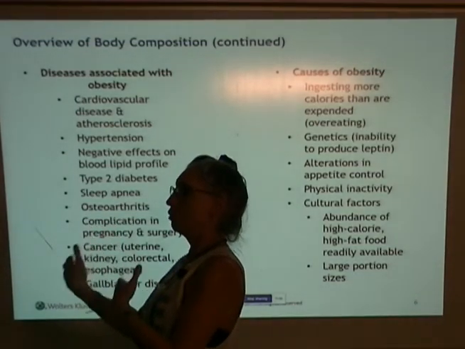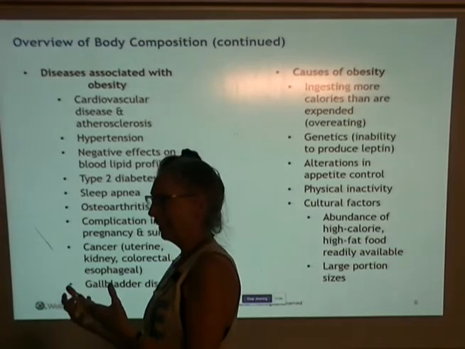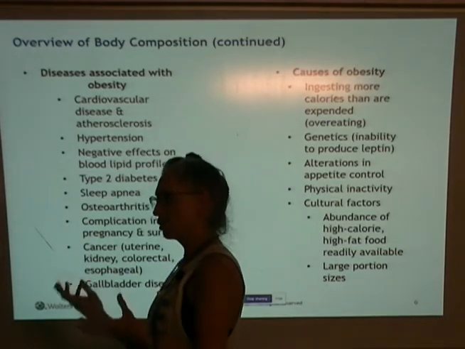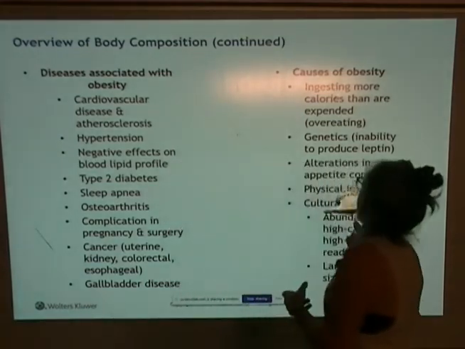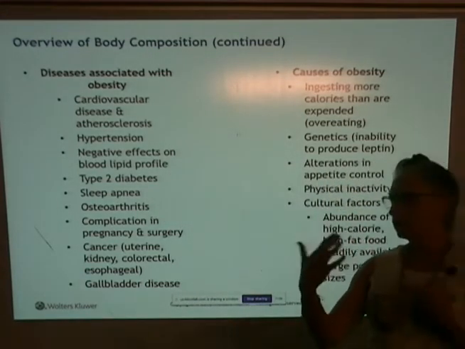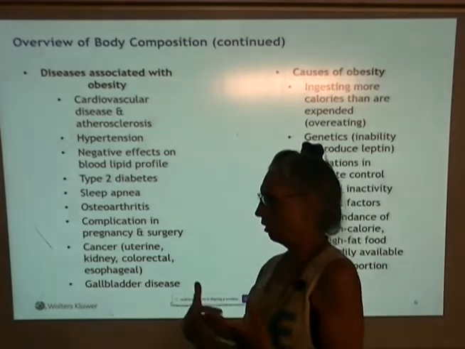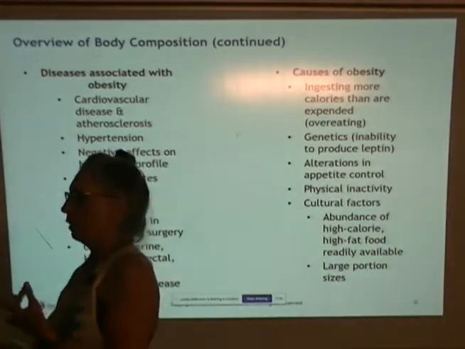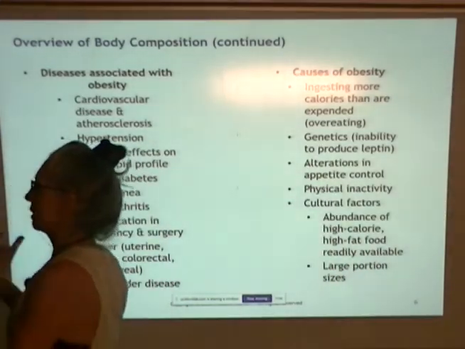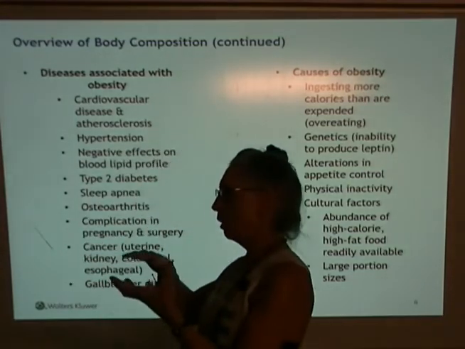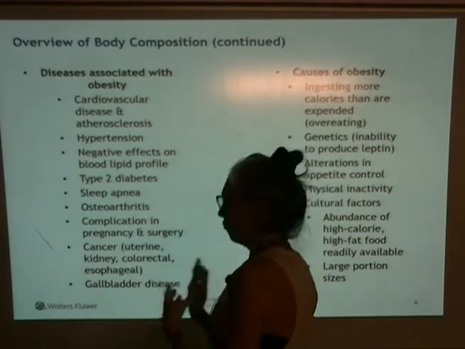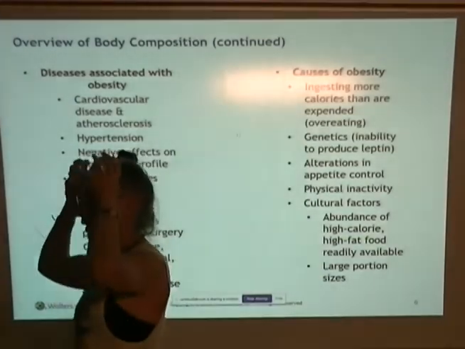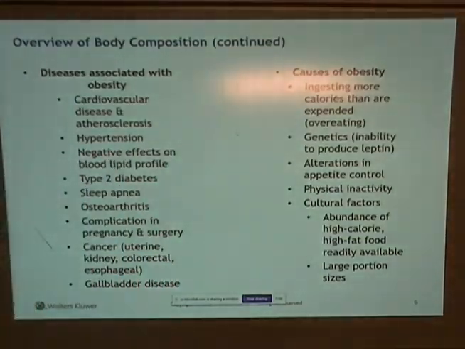So if I don't produce leptin, I can't break down stored fat, right? We see alterations in appetite control for some of these people. So then it becomes difficult to tackle because they don't feel satiated. So there's like a chemical change in their brain.